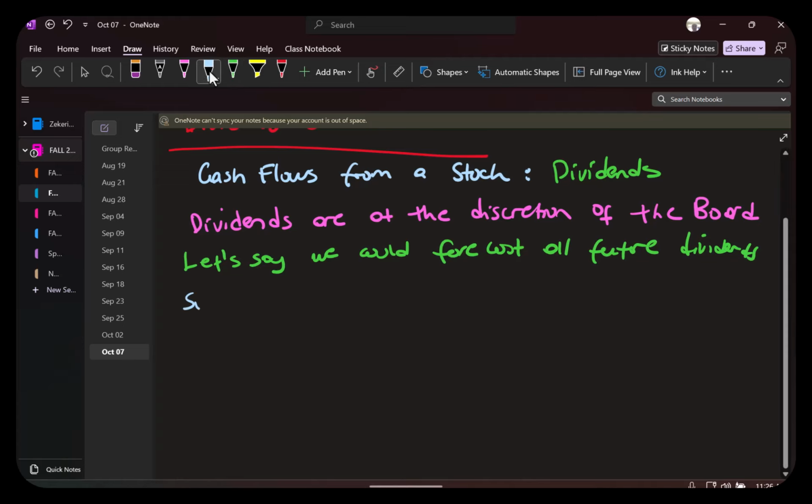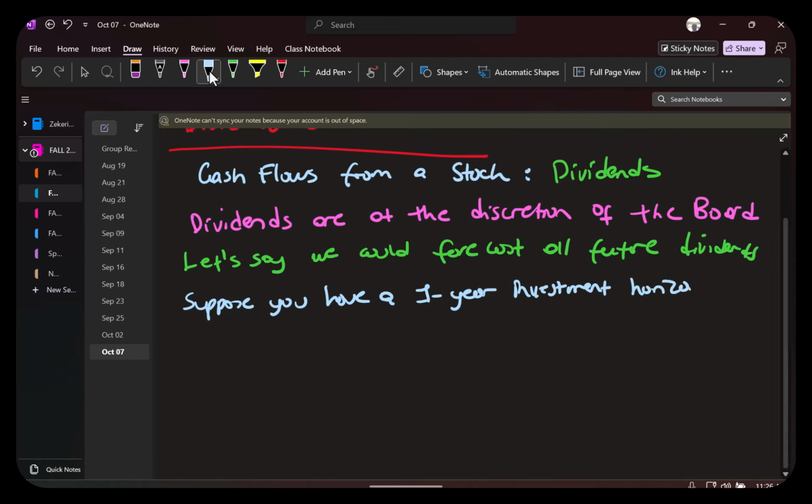Suppose you have a 1 year investment horizon. You buy the stock now at P0, the current price.